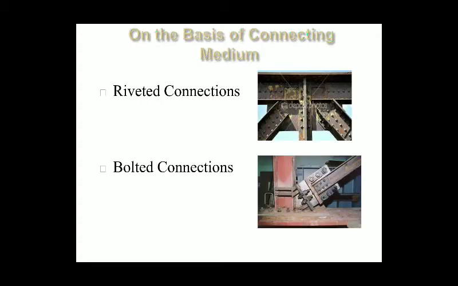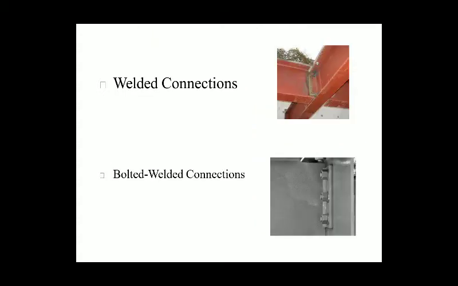On the basis of connecting medium there are four types. First one is riveted connection, that means in this type of connection rivets are used for connection of the members. Second is bolted connection, that means nuts and bolts are used for connecting two or many members. Third is the welded connection, which means welding is used to connect the different members.